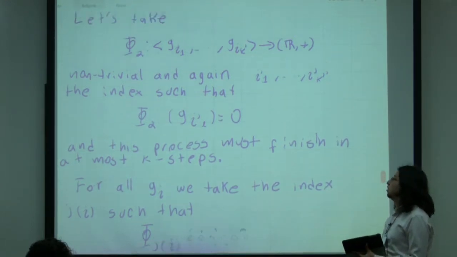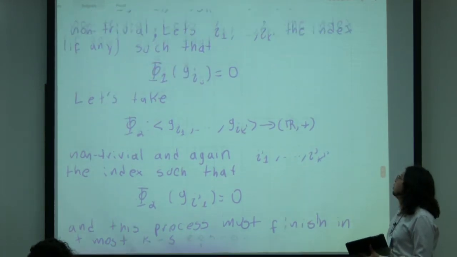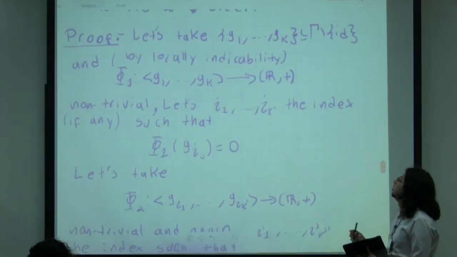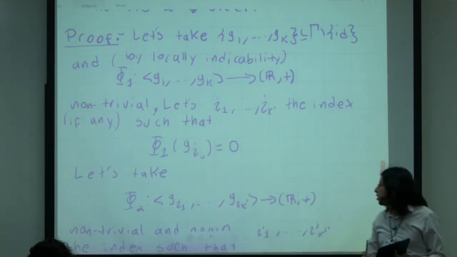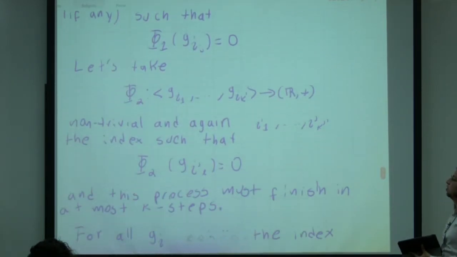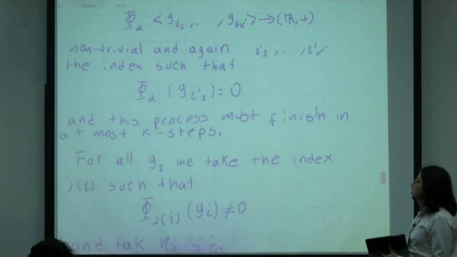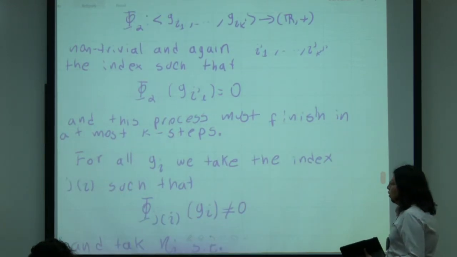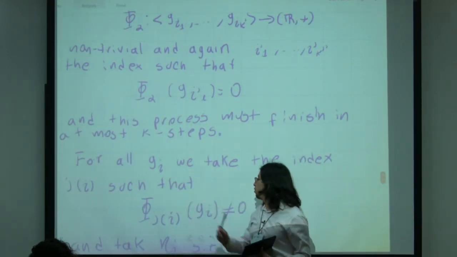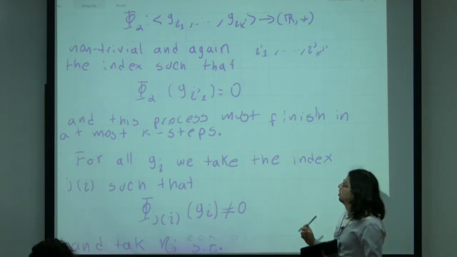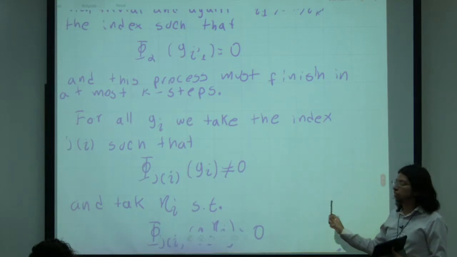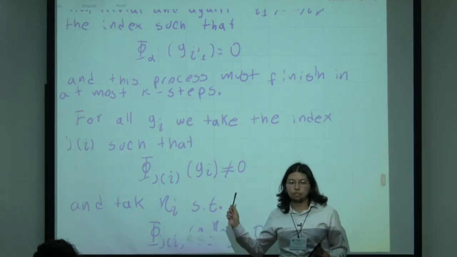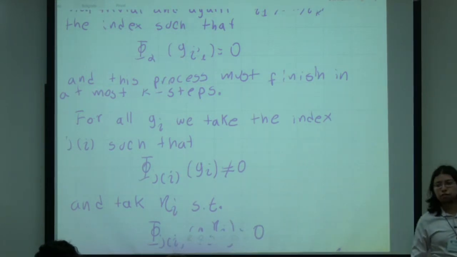the size of this set is k, so at most in k steps we can stop, and for all elements in this finite family there exists an index such that some homomorphism sends the element to an element different to 0.